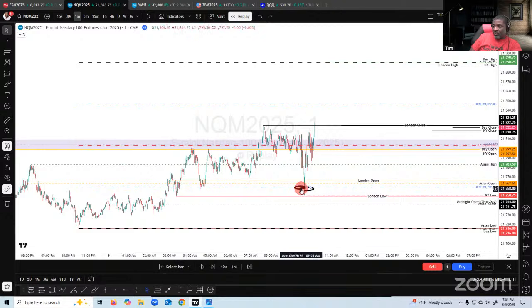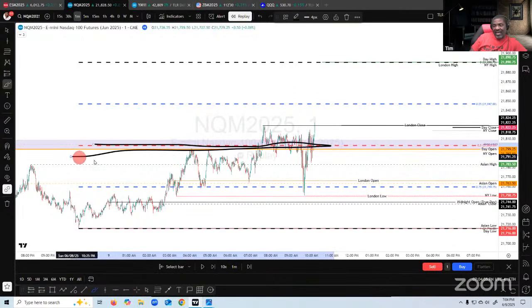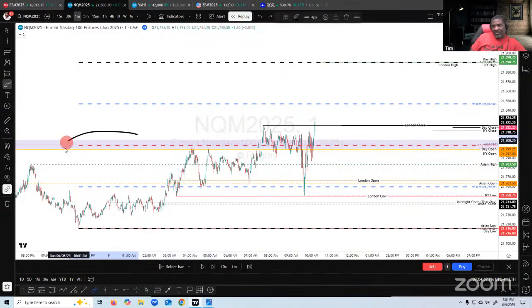Long time ago, when I was studying price, it dawned on me that whenever I measure a dealing range, price always tends to consolidate at equilibrium, right? I'm like, wait a minute now.